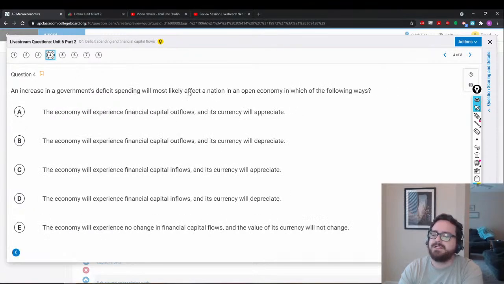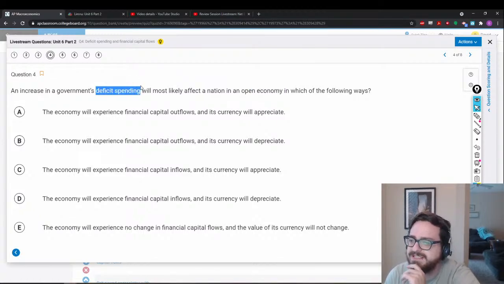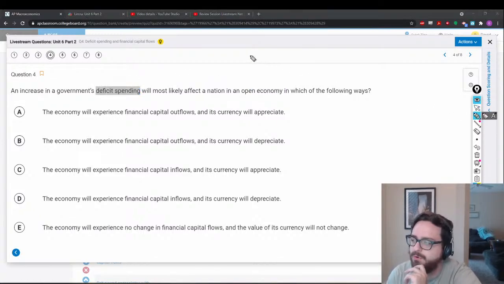Question 4. An increase in the government's deficit spending will likely affect your open economy, which just means an economy that can engage in trade, in which is the following ways. I'm seeing capital outflow. I'm seeing currency appreciation. Deficit spending. What is this? It's when the government has to borrow in order to spend. You do need to know vocabulary to do stuff.